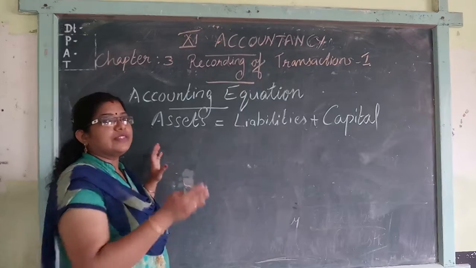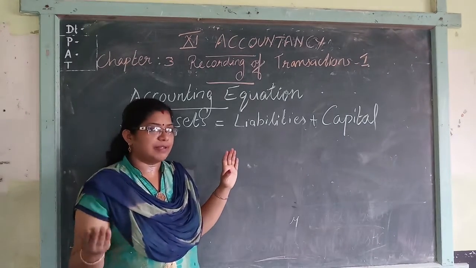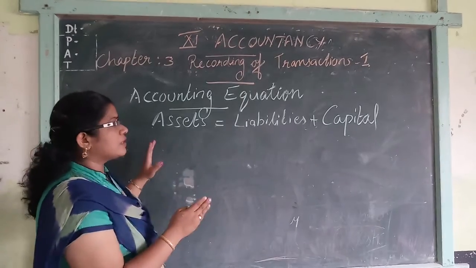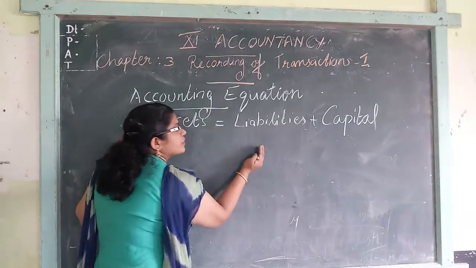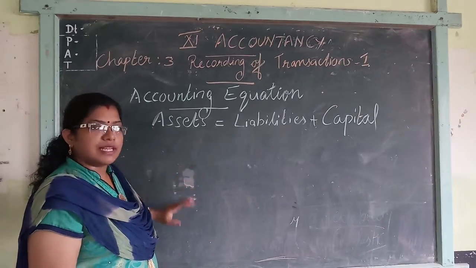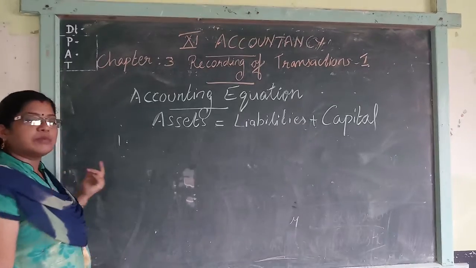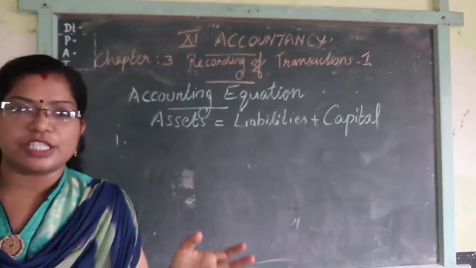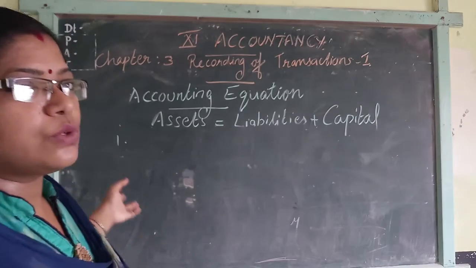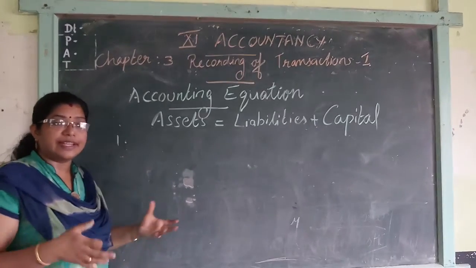We can discuss debit and credit in coming videos. Now our consideration is how this accounting equation is formed, and I will explain that with examples. I am using NCERT textbook examples, which will help you understand more when you read the textbook.